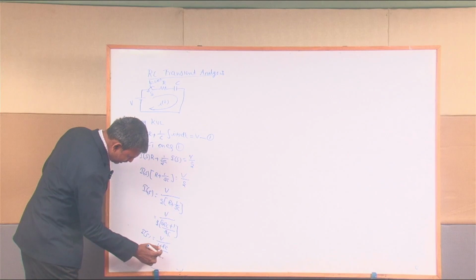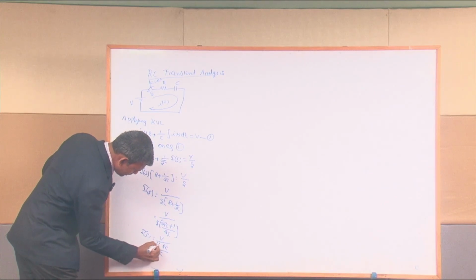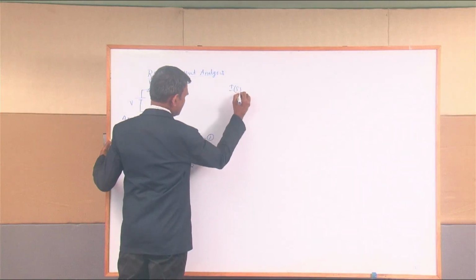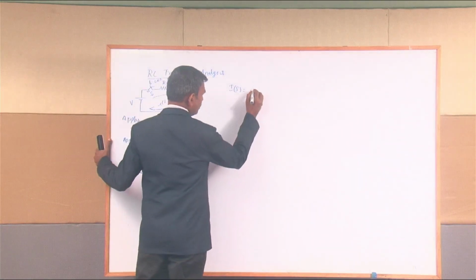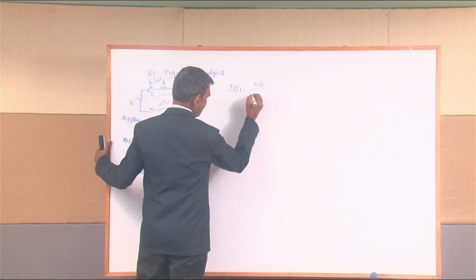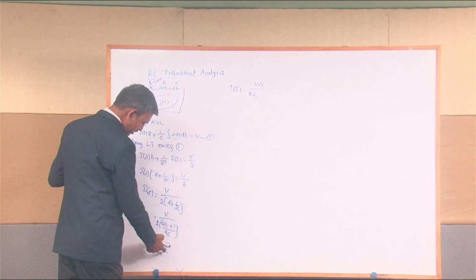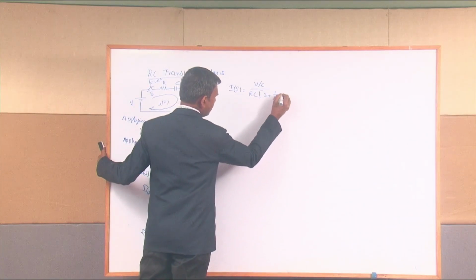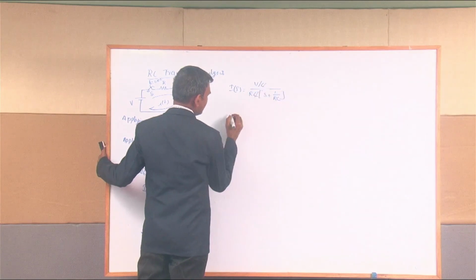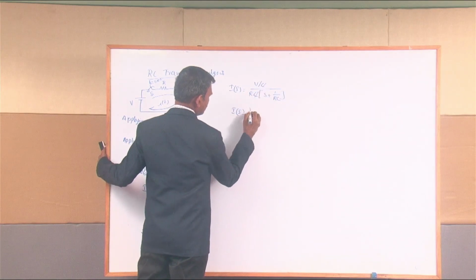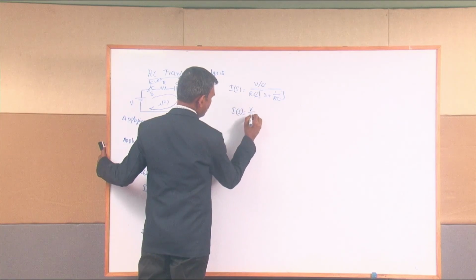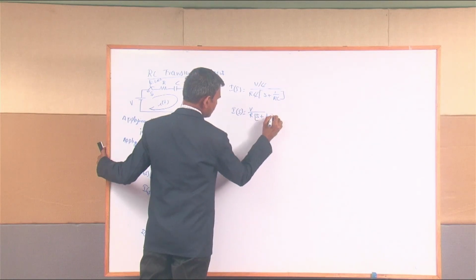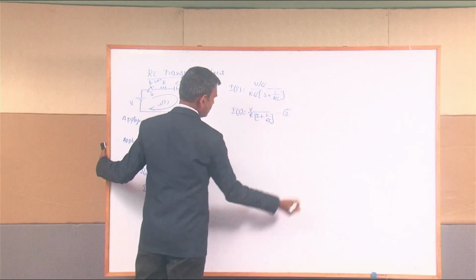Taking RC outside, we get S plus 1 by RC. Now, the C will be cancelled. So, I of s is equal to V by R into S plus 1 by RC. We take this as equation number 2.